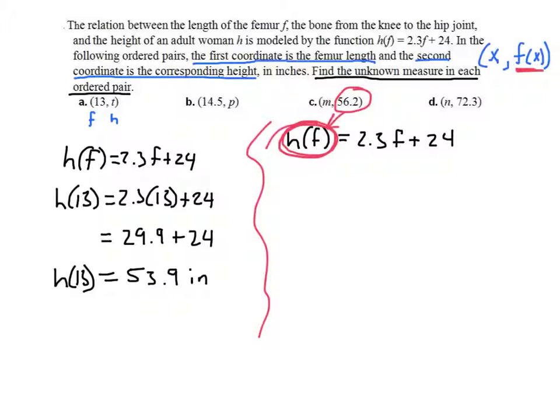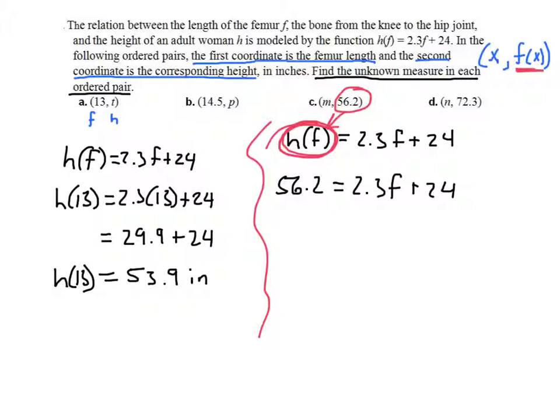Not just the h. The entire h of f is the output. So 56.2 equals 2.3f plus 24. That would be in from this side. F. Well, you could put m in for f, yes, most definitely. Okay?